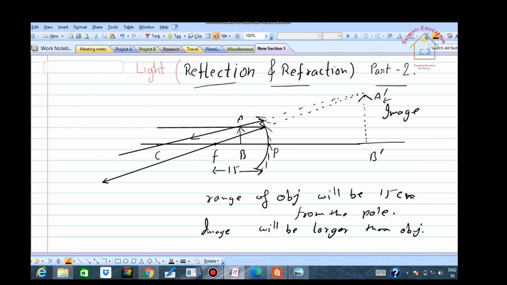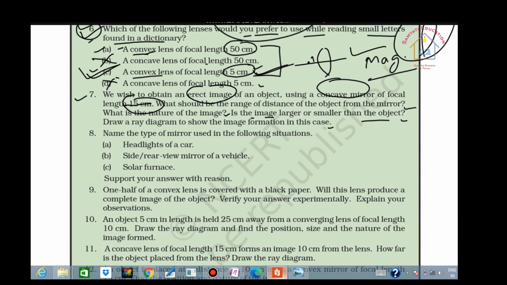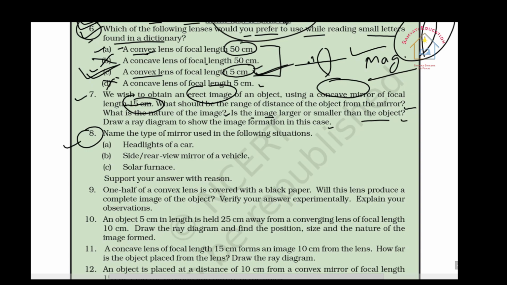Okay. And the next question is question number 8. Name the type of mirror used in the following situations: headlights of a car, side rear view mirror of a vehicle, and third is solar furnace.